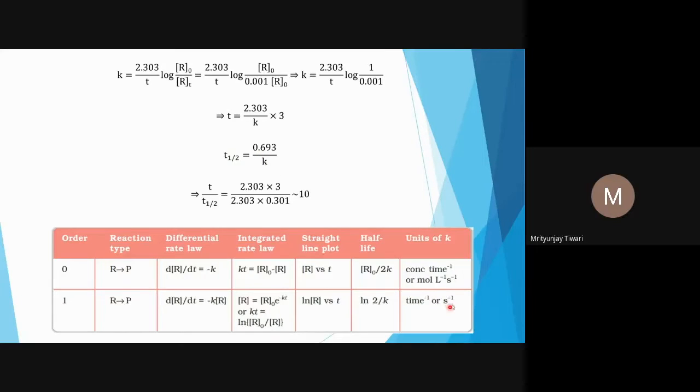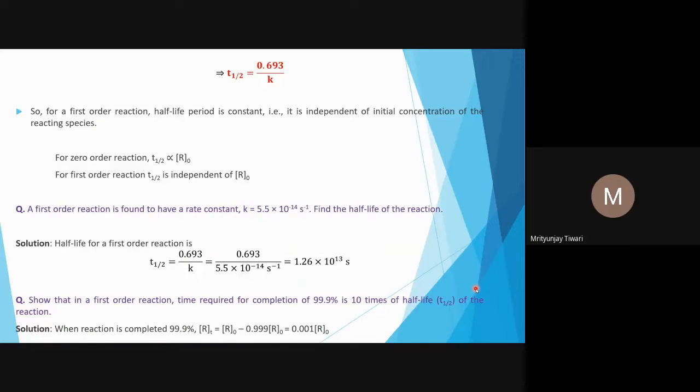So, the unit of k will be second inverse or time inverse. If the time is given in minutes, it will be minute inverse, or minute to the power minus 1. If the time is given in years, it will be year inverse, and if it is hours, it will be hour inverse.